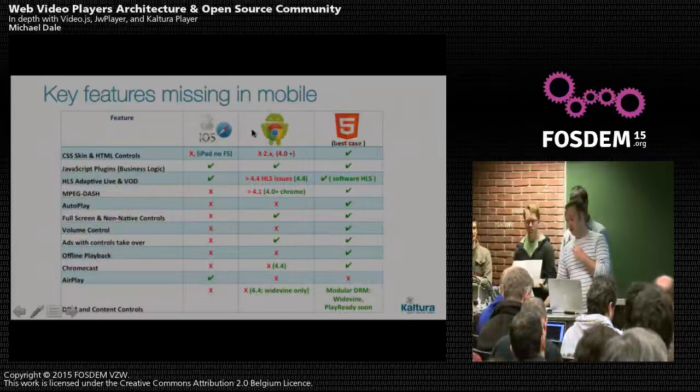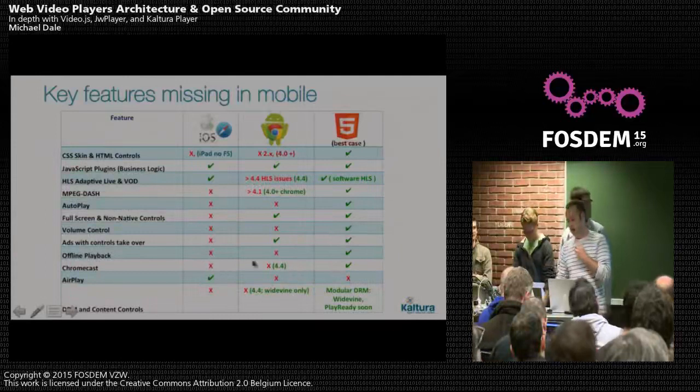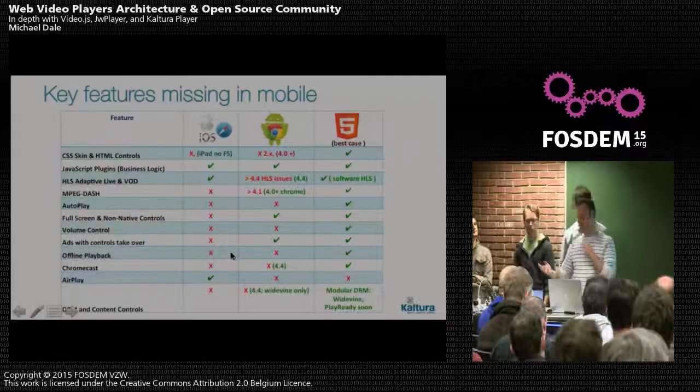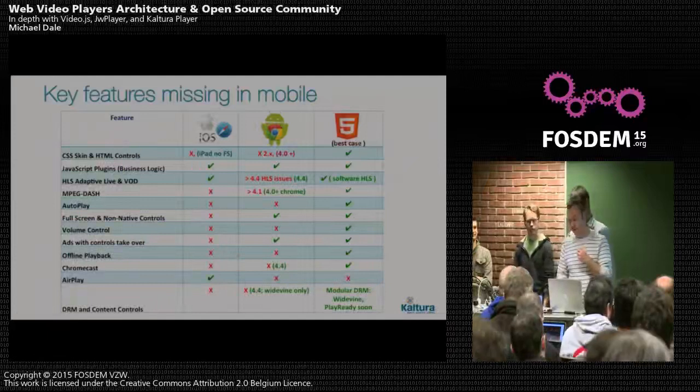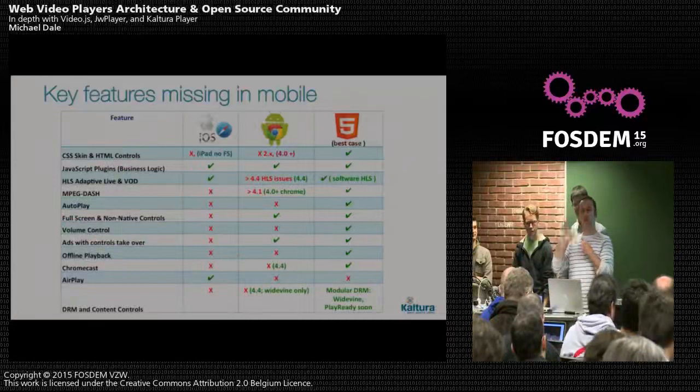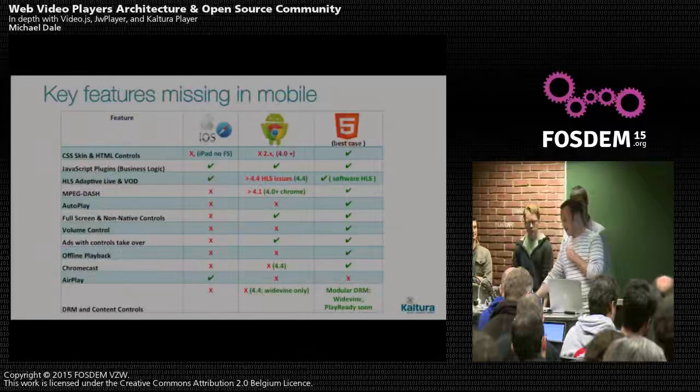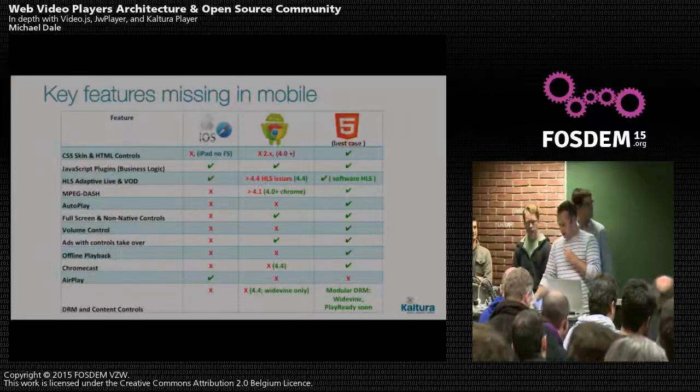You can see it gets better over time for Android as new features get introduced. I won't go through the whole list, but things like autoplay is a basic one. Chromecast, full screen controls, being able to control the player interface. DRM.